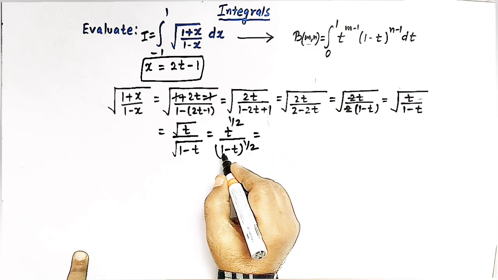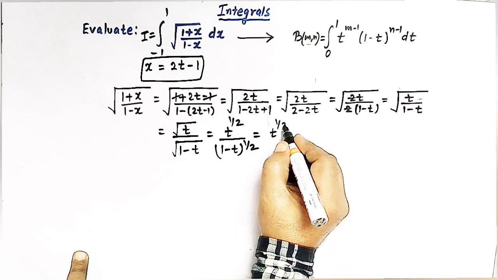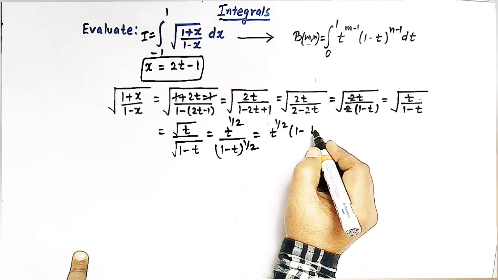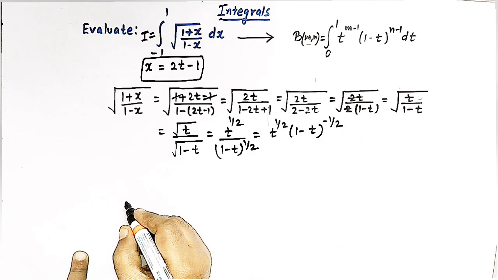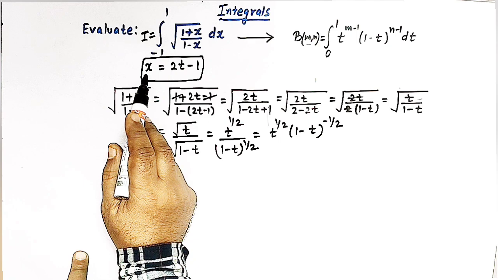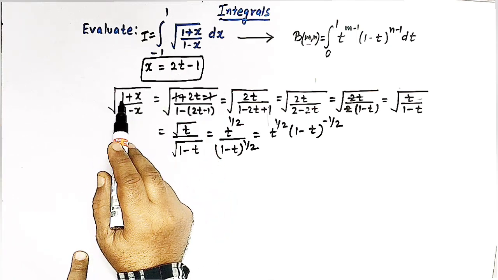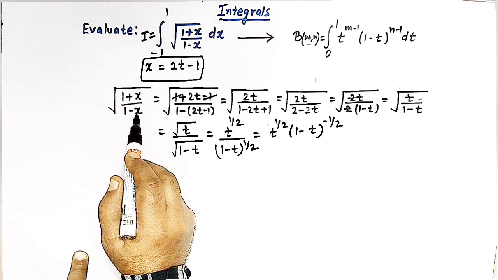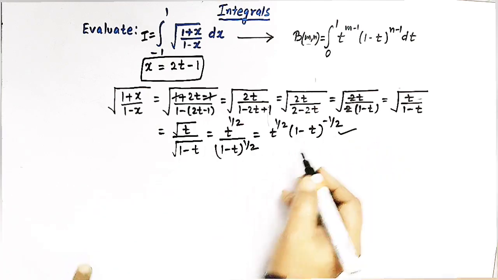Taking 1 minus t raised to half to the numerator, we have t raised to half, and then we have 1 minus t raised to a minus half, right? So when we take this substitution, x is equal to 2t minus 1, then square root of 1 plus x divided by 1 minus x is now equal to this expression.